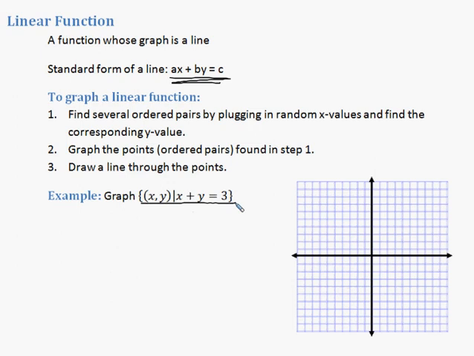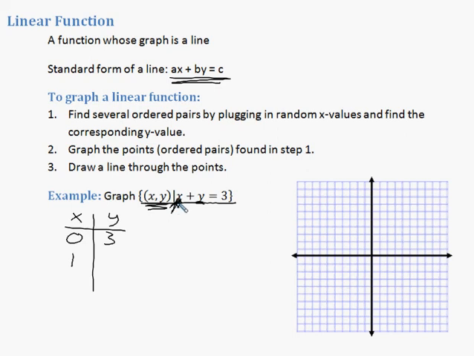We would read this as graph all points x, y so that x plus y always equals 3. We can think through this. I want x plus y to equal 3, so if I pick an x value, I'll start easy. If x is 0, 0 plus what equals 3? Well, y would have to equal 3. What if I picked 1?